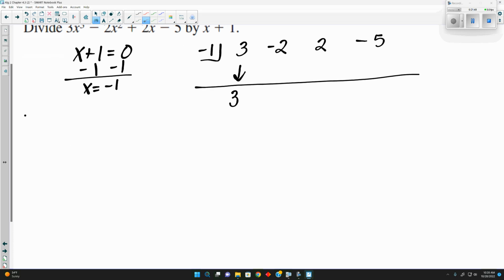So we would do -1 times 3, which is -3. Then we would add straight down: -2 plus -3 is -5. Then we'd multiply again, -1 times -5 is 5. 2 plus 5 is 7.